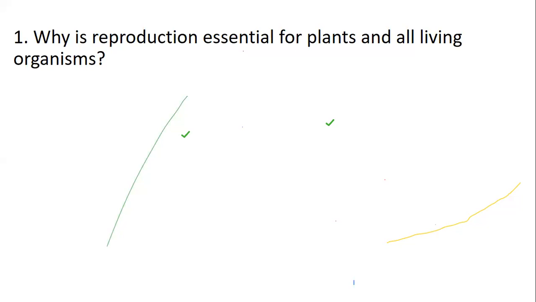And so that means if everyone dies at some point without reproducing, eventually we all die out. The same applies to plants, the same applies to other animals. So if that were to happen, then extinction would take place.